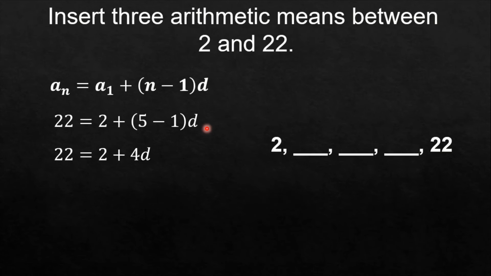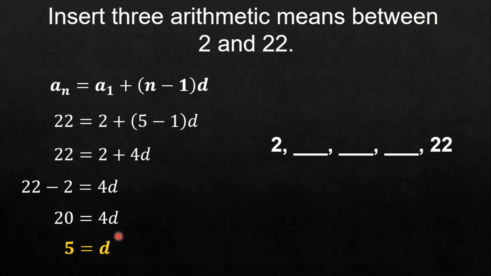Now, let us simplify. So, we have 22 equals 2 plus 5 minus 1 is 4D. Adding negative 2 to both sides of the equation, o kaya naman, transposition. So, 22 minus 2 is equal to 4D. Meron tayong 20 equals 4D, divide both sides by 4. So, ang common difference natin ay 5.